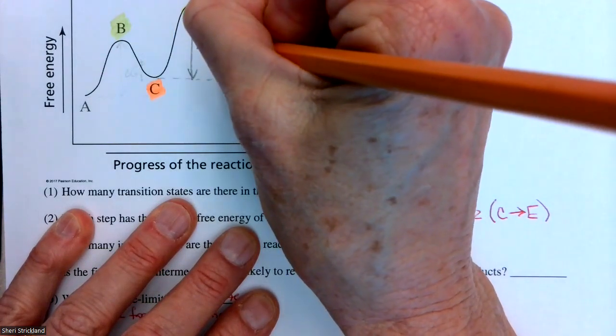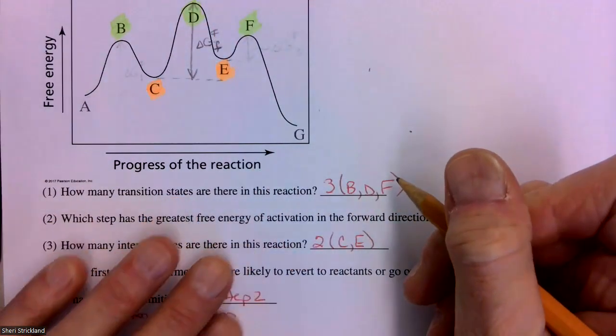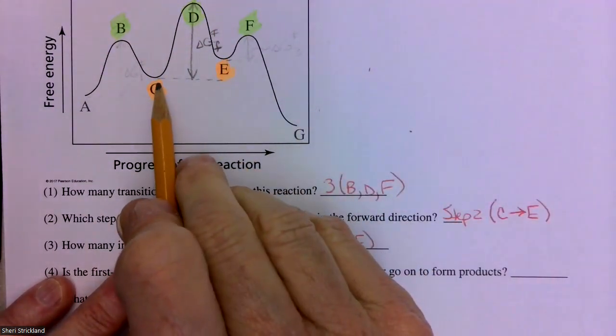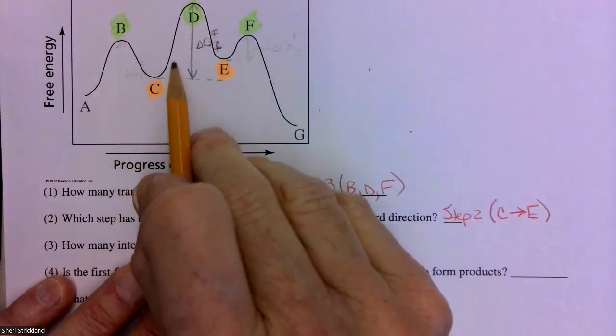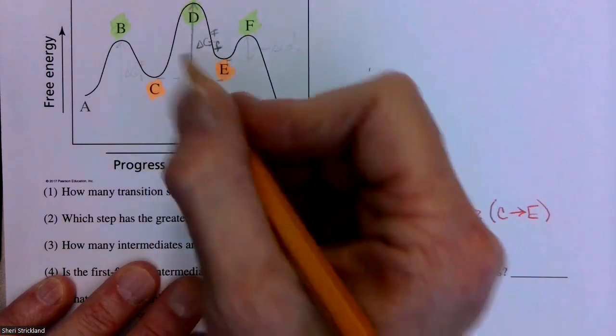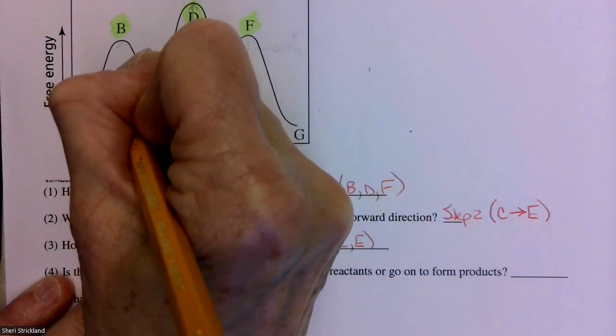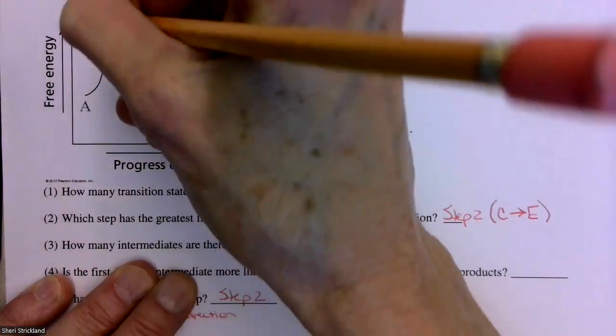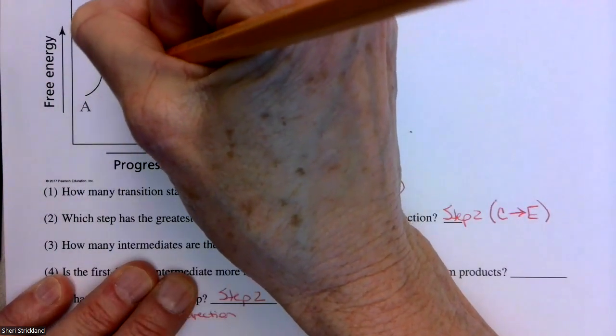So let's give this a subscript of F for forward. If it's going C to E, this is the free energy of activation. If it's going from C to A, now we need the reverse.